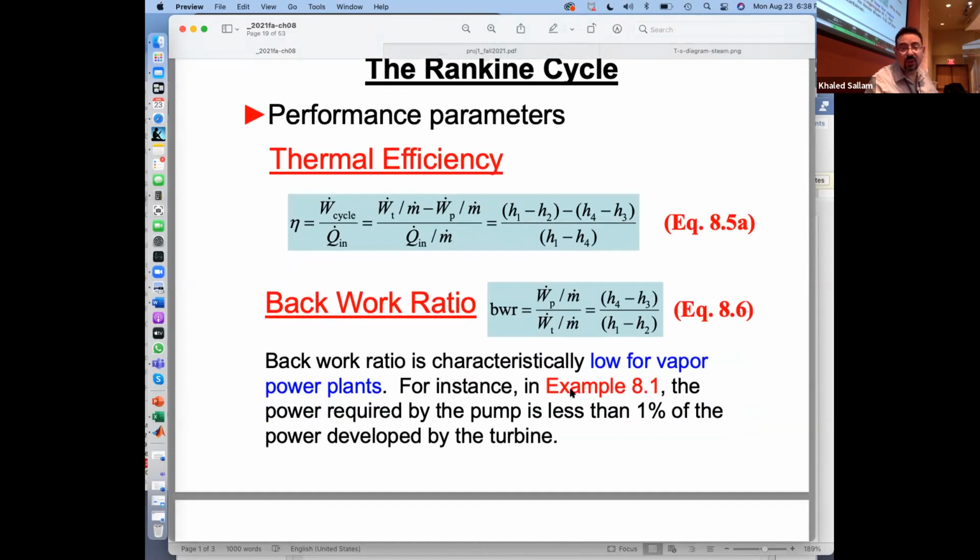Then he does eta, work net over Q, where work net is turbine minus pump, then he subtracts those and divides over this. And so those are the steam or Rankine cycle problems.